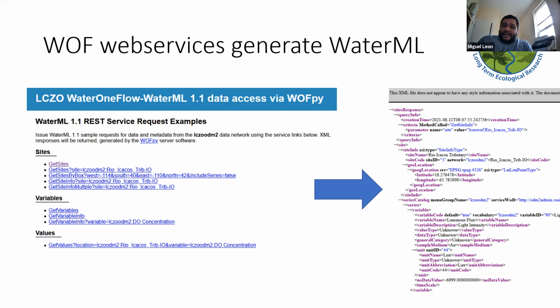It's specifying the Rio Itacos site, and that we're looking at luminous flux at this site in the air. Some of this metadata is not completely complete, but that may be an issue I need to address a little bit more.